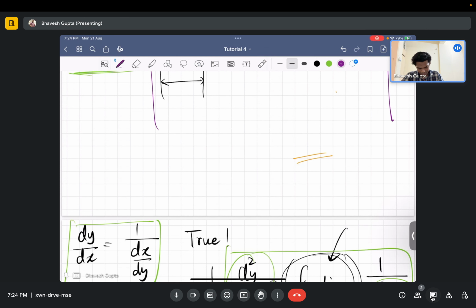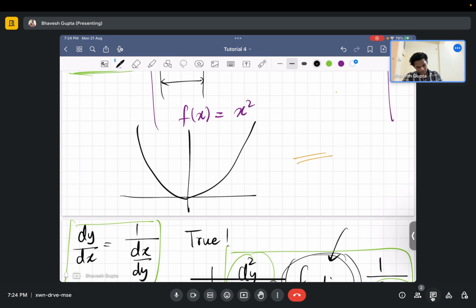Let me take an example. Let there be a function f(x) equal to x square, a very simple example function. Let's say I define my function from x equal to -1 to x equal to 1.